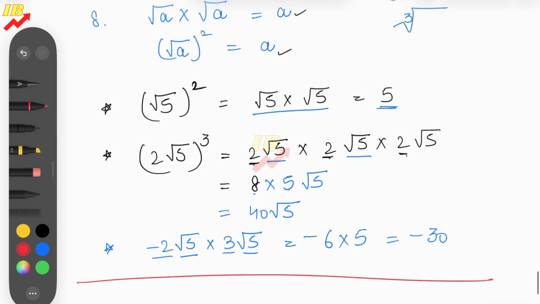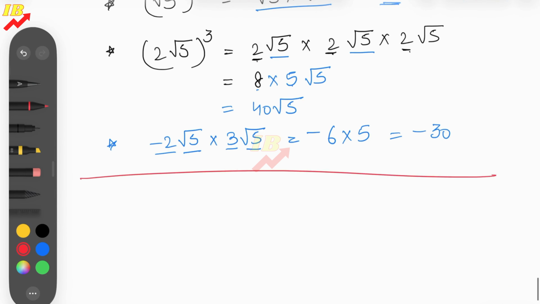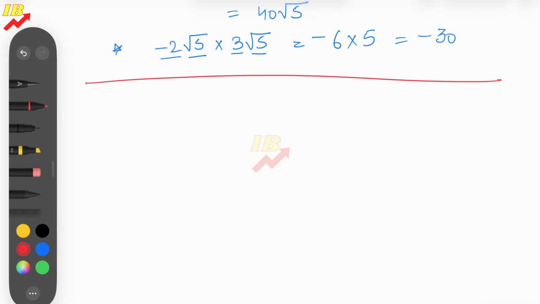So this was about the multiplication in radicals. Now I'm going to switch the topic and write it as adding and subtracting radicals.